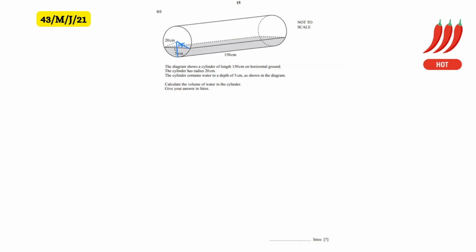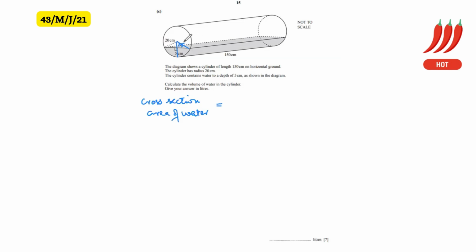So let's start with finding the area of the water or cross-section area of water. That's going to be area of sector minus area of the triangle. Area of sector, we don't know the angle for the sector. To find the angle of the sector, first we need to find this angle.